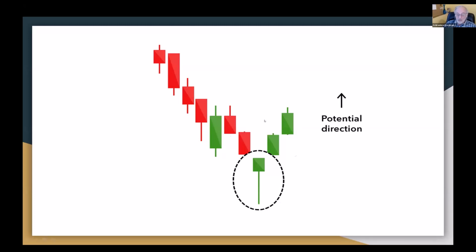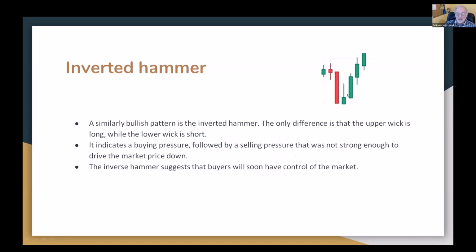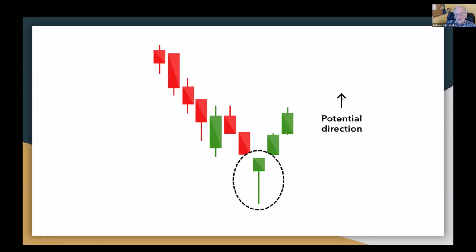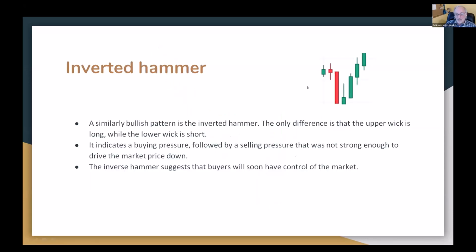But also we have another candle very similar to this one. The only difference is that this body is below, and here we see a wick over. So let's say that hammer looks like this, and this is just an inverted hammer. Inverted hammer is very easy to spot because it's a very specific shape.